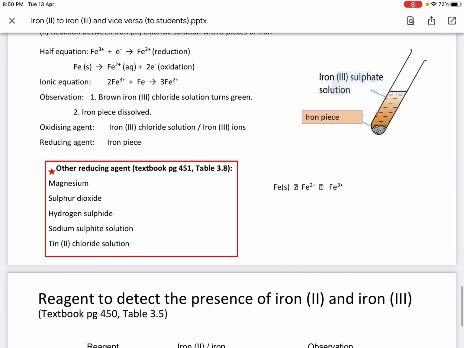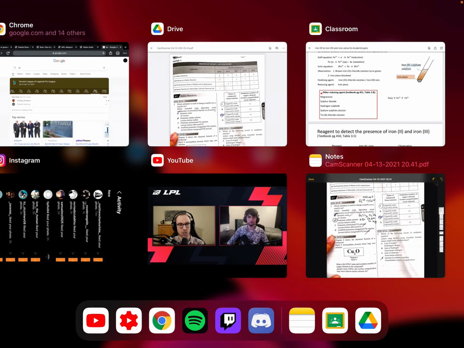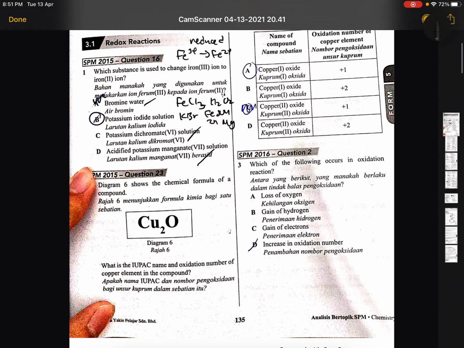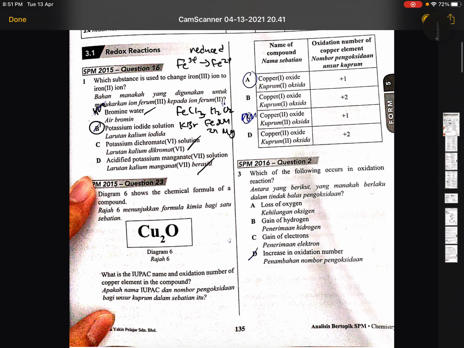For reducing agents: magnesium or any other active metal, sulfur dioxide, hydrogen sulfide, sodium sulfide solution, and tin chloride. But the main things that would probably be asked would be normal reducing metals such as zinc and magnesium, or potassium chloride.